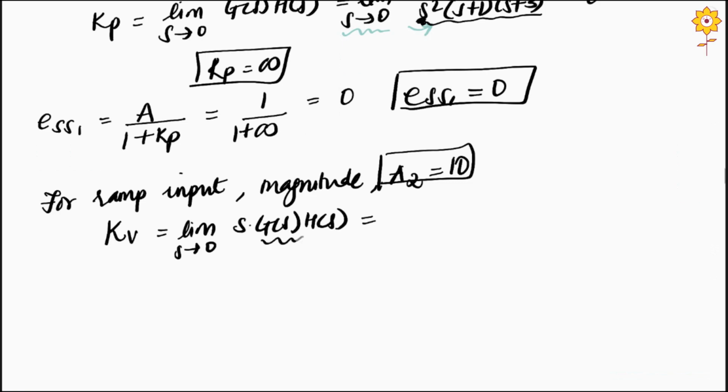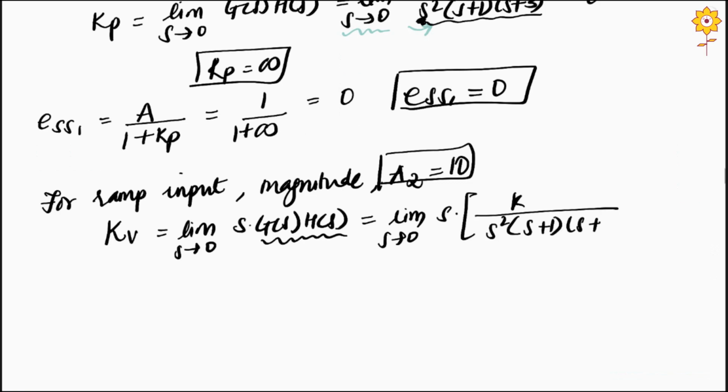Let us substitute this value. Here this s and this s square will get cancelled out.